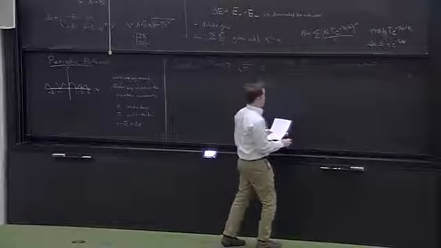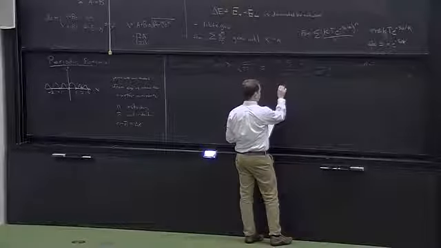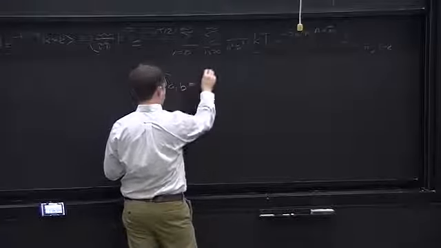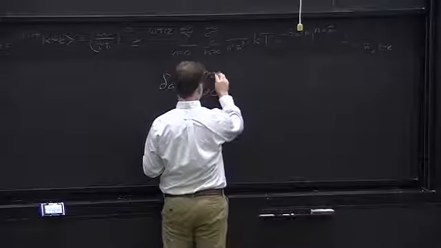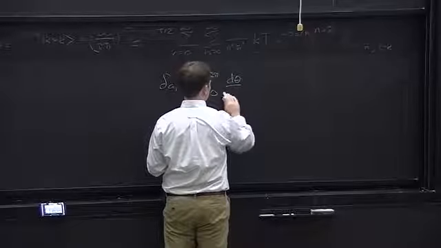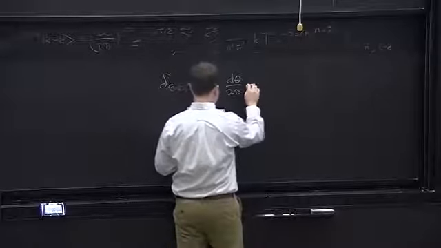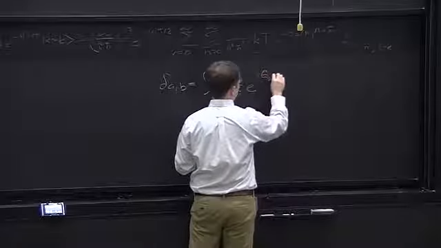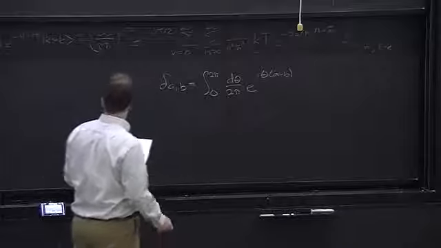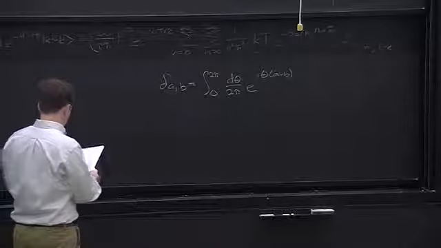And we can simplify this using delta AB is the integral of d theta over 2 pi, e to the i theta (A minus B).